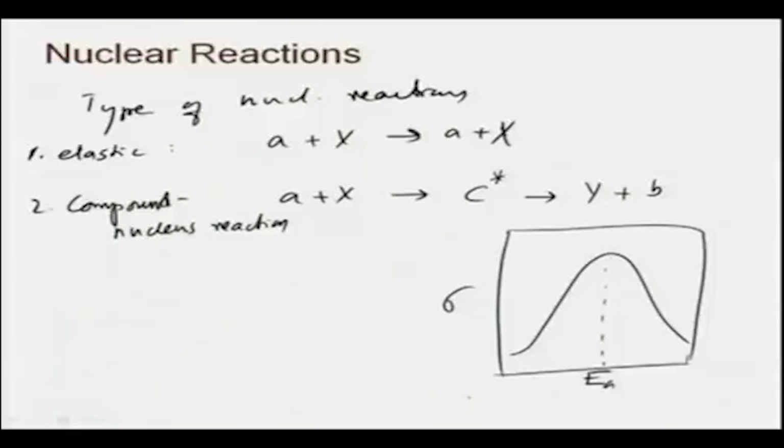So, there will be a large cross section, and then when E A becomes larger than the value around which the cross section peaks, it will decrease again, because that energy is now not the one which matches with the energy of the excited state.